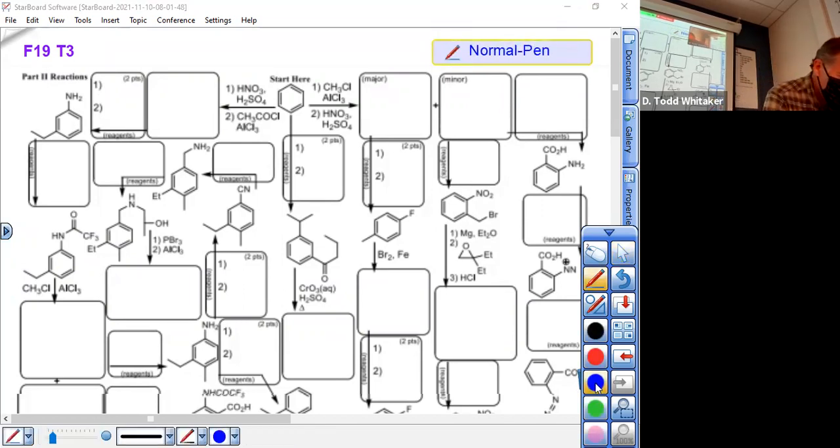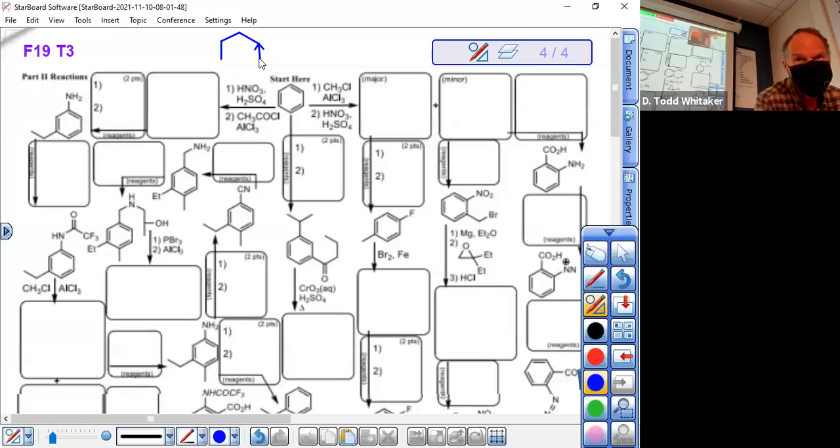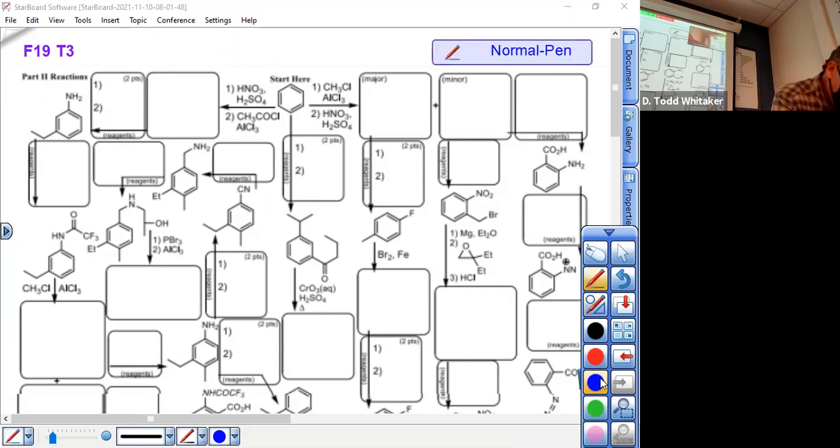So let's draw one nice benzene. How nice do we want it? We'll try to do a really nice benzene up here. Look at you. Yeah, okay. My goodness. You're not going to get a nice benzene. You're going to get a semi-nice benzene.